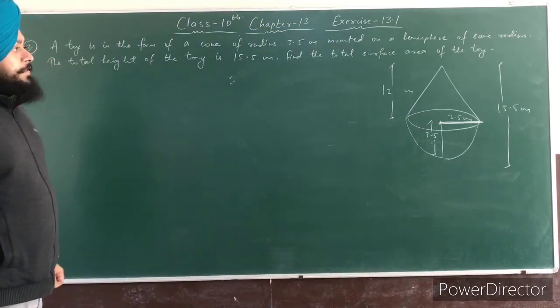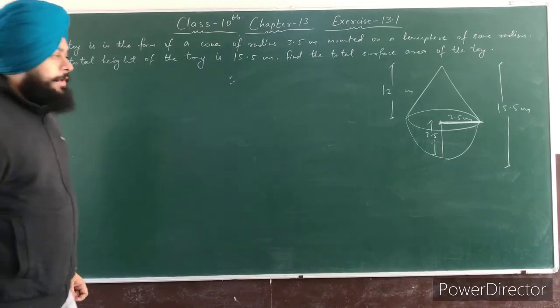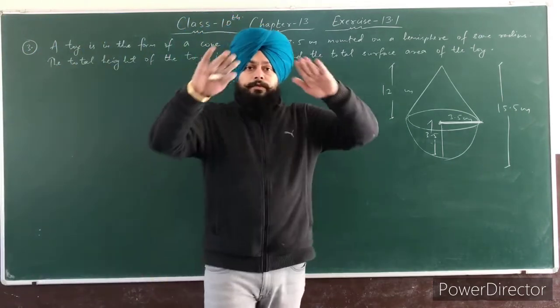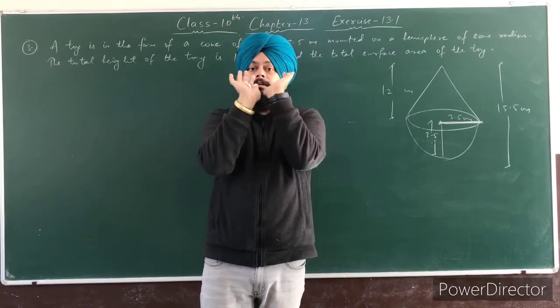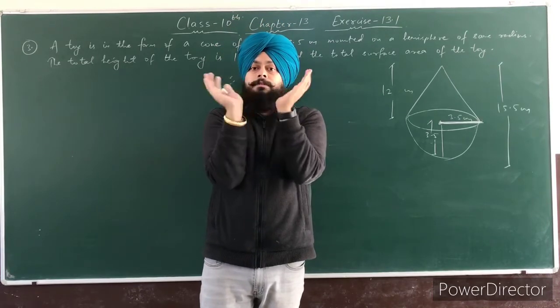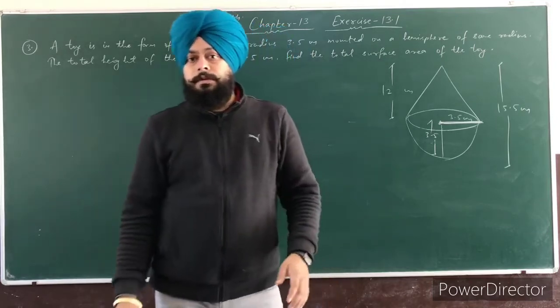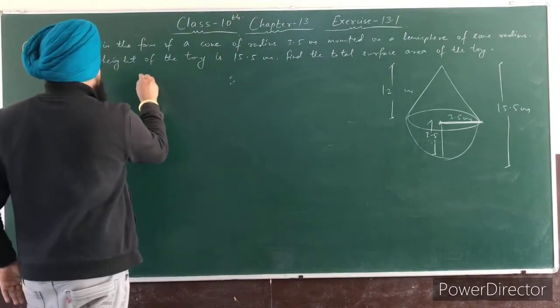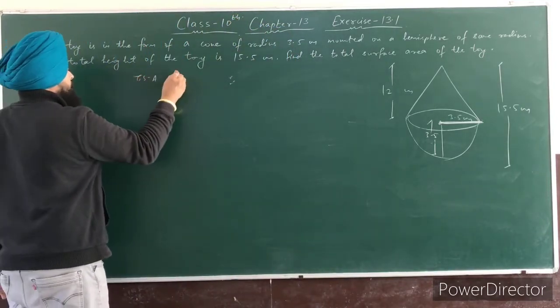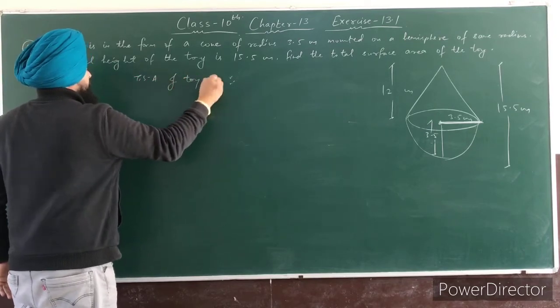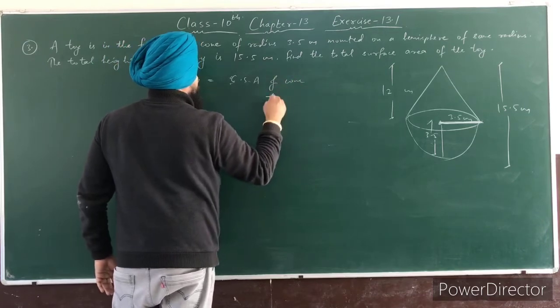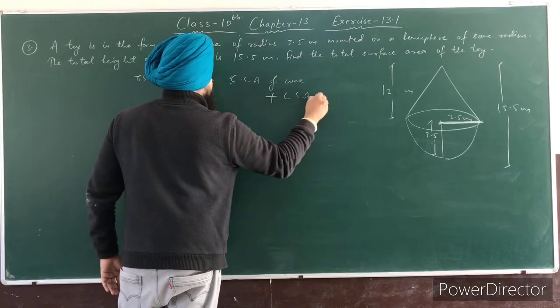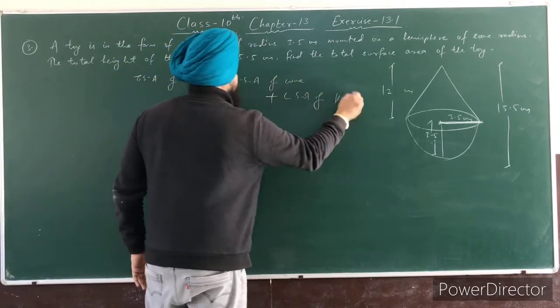Now find the total surface area of the toy. So we have to find the curved surface area of the conical part and the curved surface area of which one? Hemispherical portion. Total surface area of toy is curved surface area of cone plus curved surface area of hemisphere.